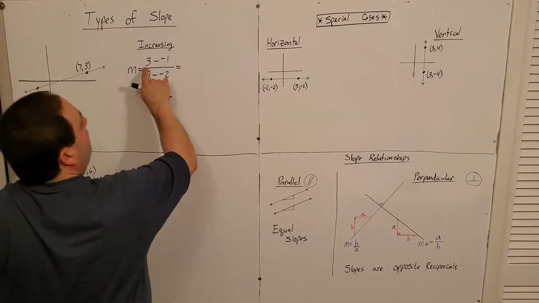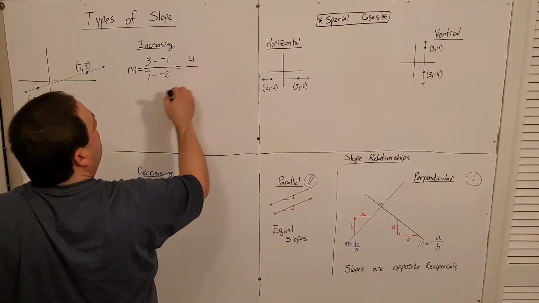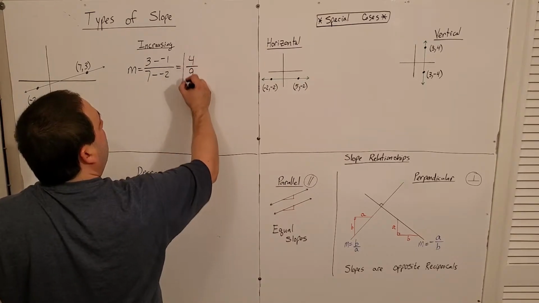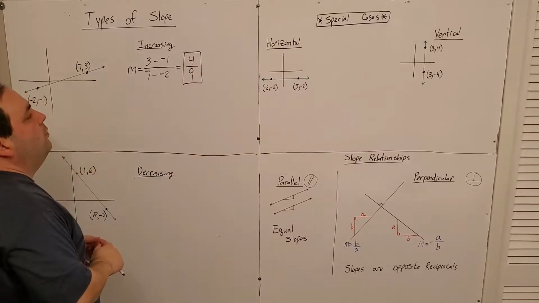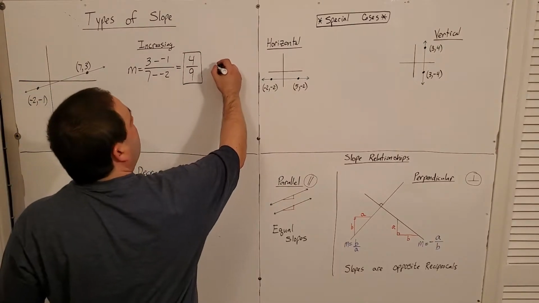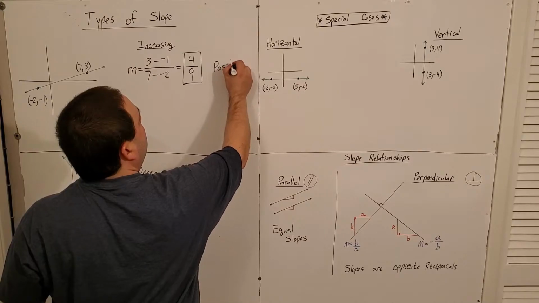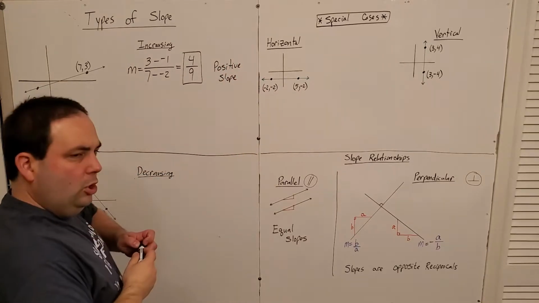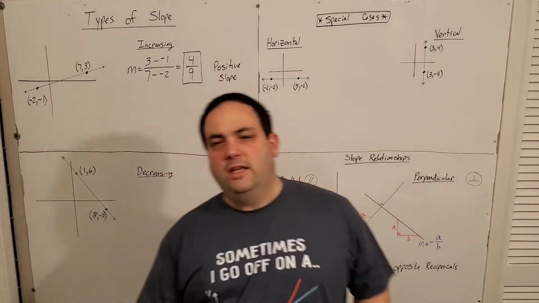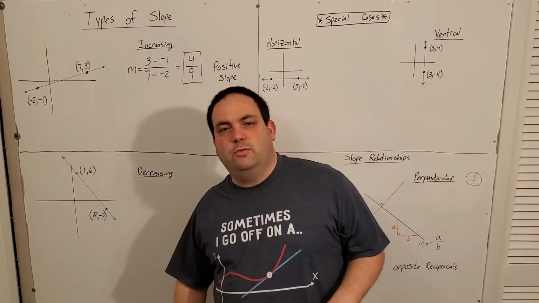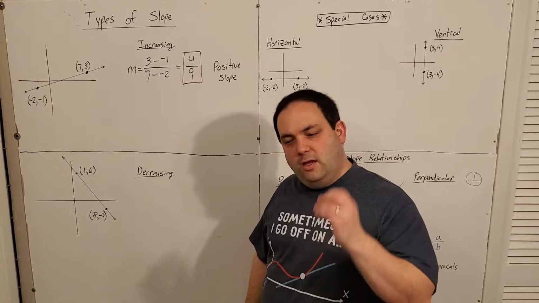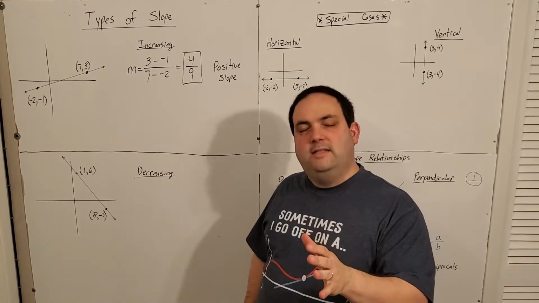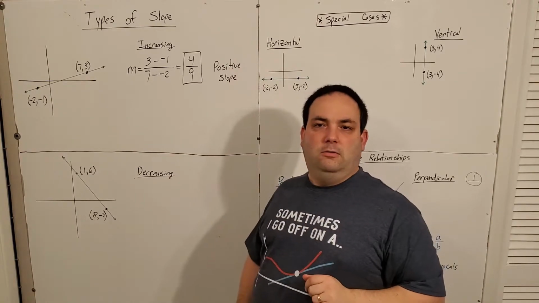So here I've got 4 divided by 9. Okay? So I want you to notice that the overall slope is positive. Whenever we're just looking at the different equations and calculating things and we don't really have a graph in front of us or whatever else, one thing you need to be able to tell right away: oh, my slope's positive, my line must be increasing. That's the connection there, okay?